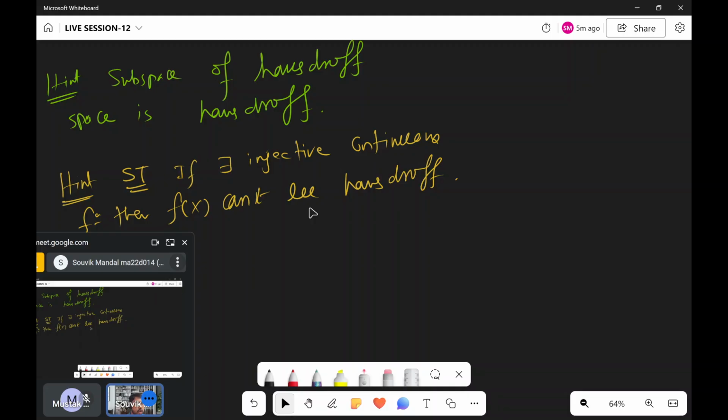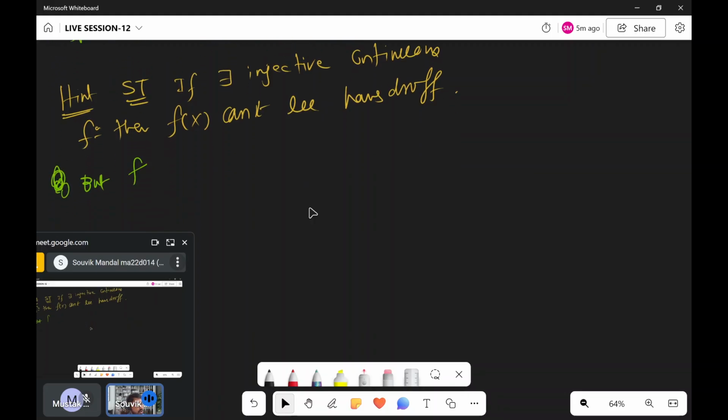Now try to show that injective continuity implies f(X) cannot be Hausdorff. But f(X), as a subspace of Y, should be Hausdorff.